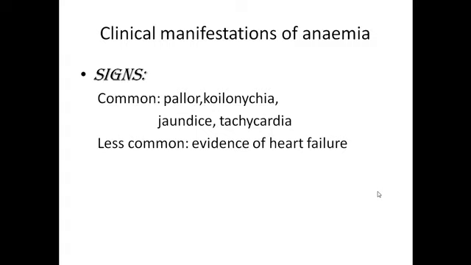An examiner can make a clinical scenario regarding pallor or koilonychia, and he or she will ask you what the differential diagnoses are. So if we know the signs and symptoms of anemia and the patient's clinical scenario, you will be able to give an answer.